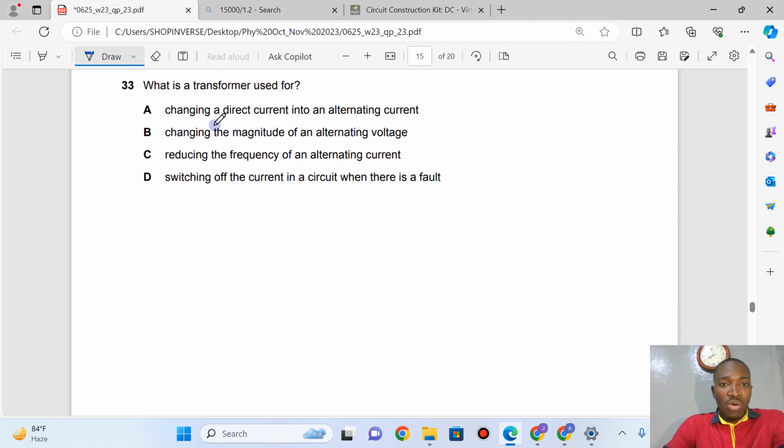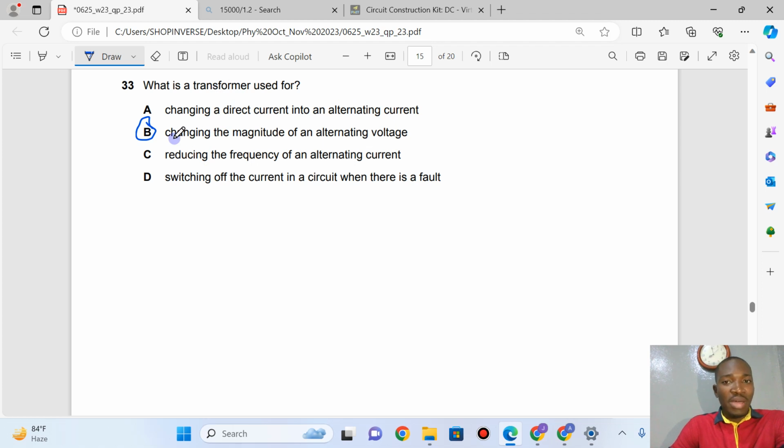Question number 33. What is a transformer used for? You step up the voltage, current reduces, and that way you minimize losses. Changing the direction of current? No. Changing the magnitude of alternating voltage? Excellent. If it is a step up transformer, it steps up the voltage, thereby stepping down the current to minimize losses.